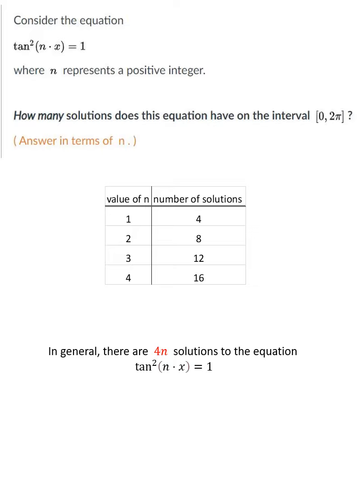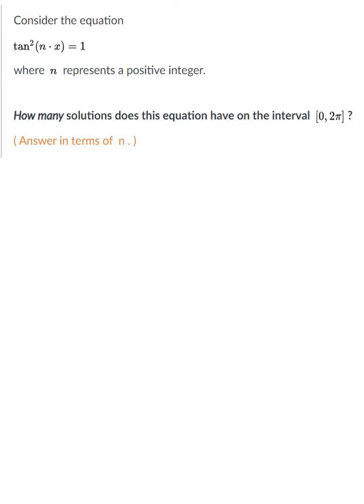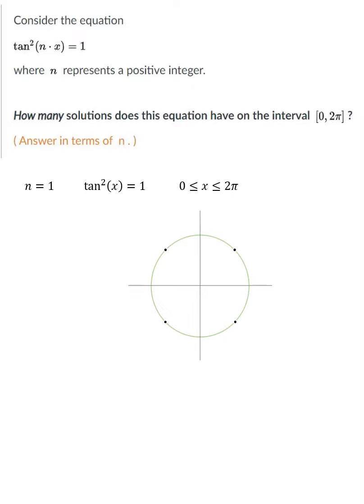But let me say a little bit more about how we could have saved the trouble of actually solving for all those solutions just to gain the information in this table. Remember, when n is 1, and we were solving this equation, there were 4 answers on the interval from 0 to 2 pi that would work.